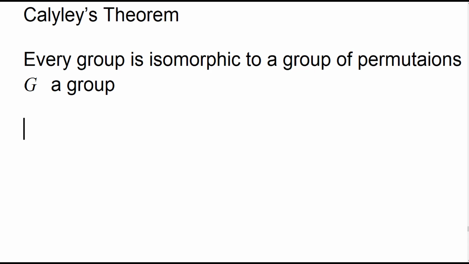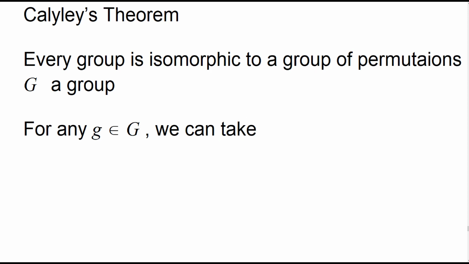They were bijective maps from a set onto itself, and here the set is G. So for any element little g in G, we can take a map, which you can see very easily is a bijection from G to G, and define it by f_g(x) = gx. So we are multiplying every element in G by this little g on the left.